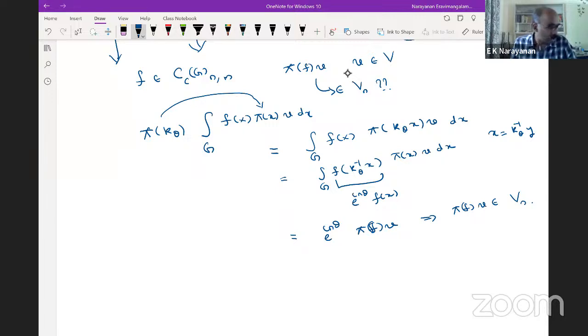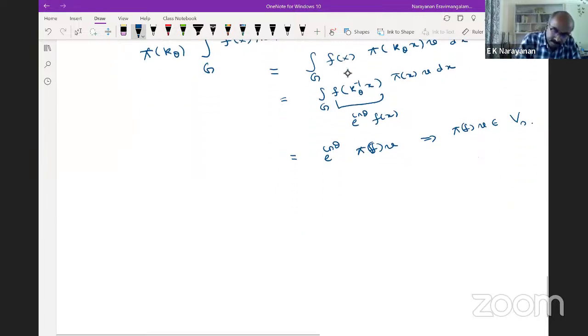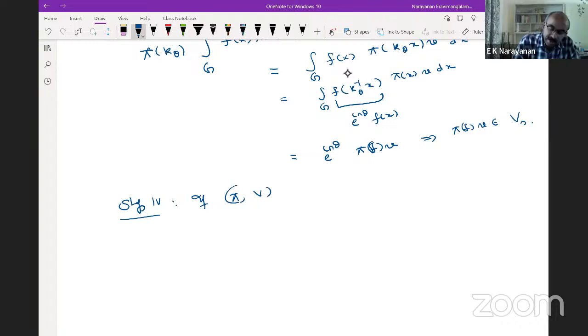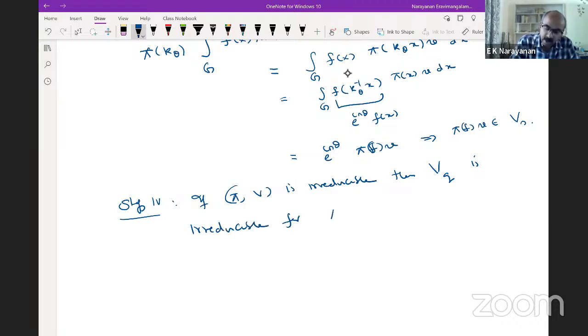Okay, so now we go to step 4. If pi V is irreducible, then, and this is important, VQ is irreducible for pi of CCG QQ.